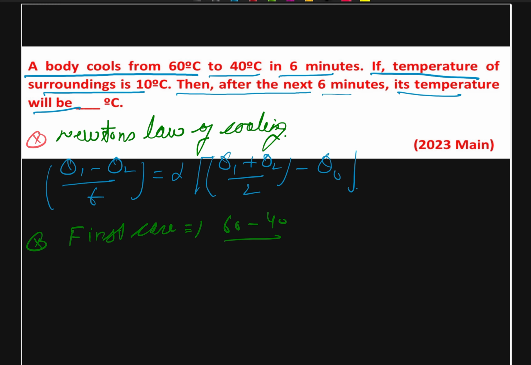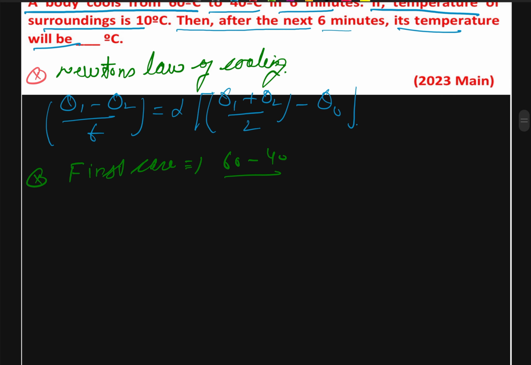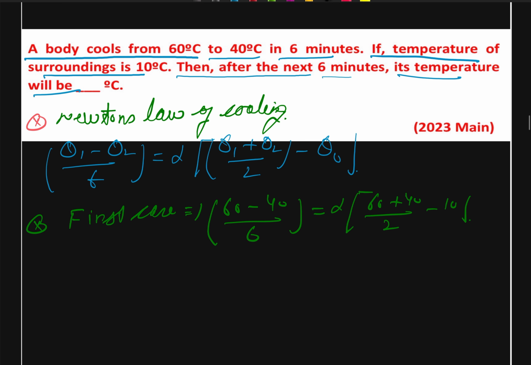Time is given as 6 minutes is equal to alpha, and we have their average 60 plus 40 and surrounding is 10 degrees.